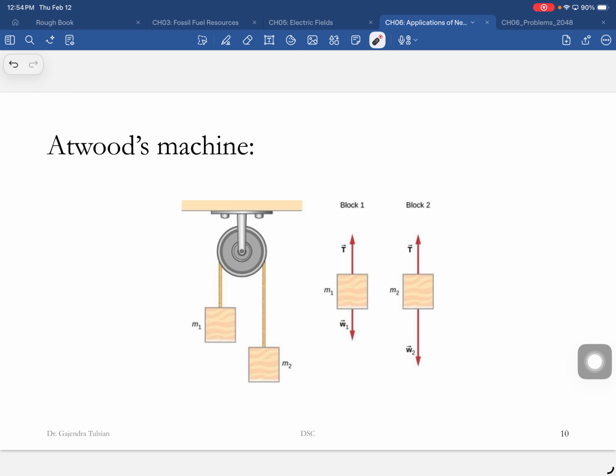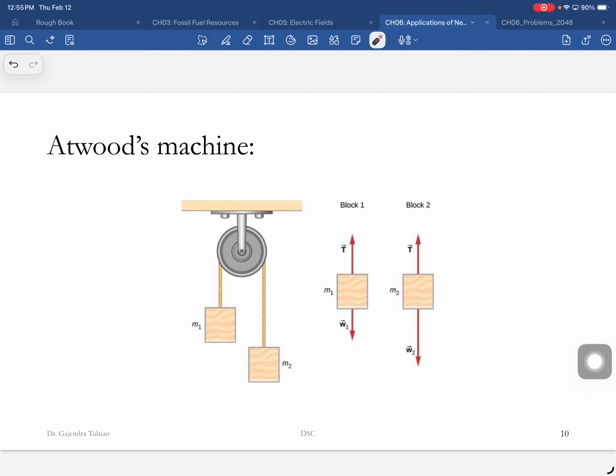Mr. Atwood invented this back in the day because he wanted to measure the acceleration due to gravity. If you drop an object, back when you didn't have a fast timing device, and your pulse was your timing device, this was too fast.